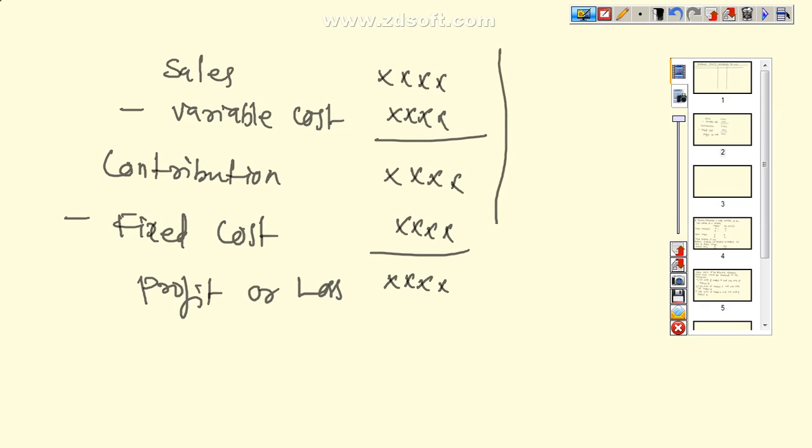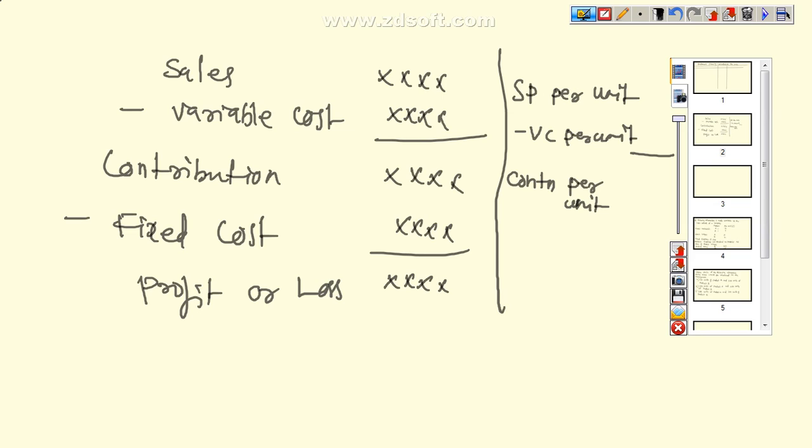But sometimes selling price per unit is given. So we calculate contribution per unit: selling price per unit minus variable cost per unit is equal to contribution per unit. And after this we have to multiply it with the units of individual product in order to calculate the contribution.